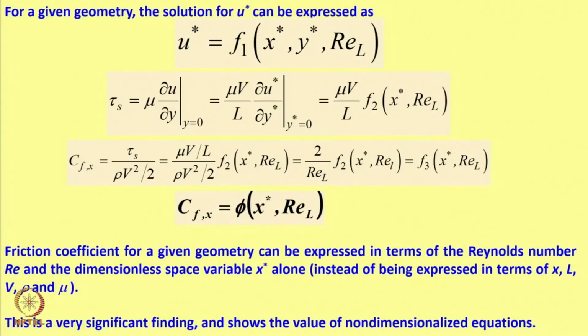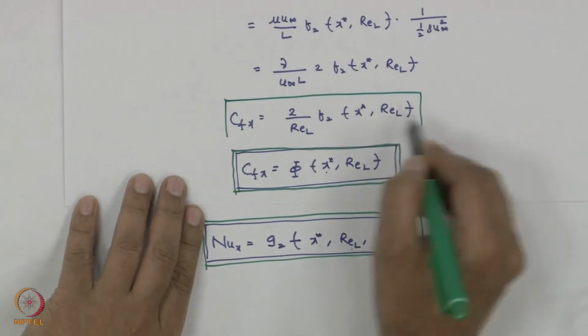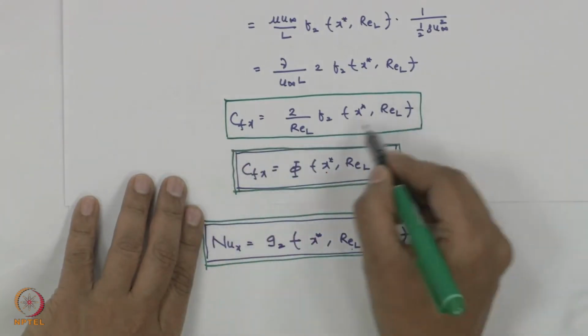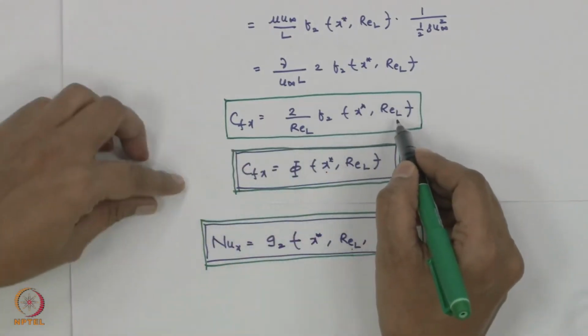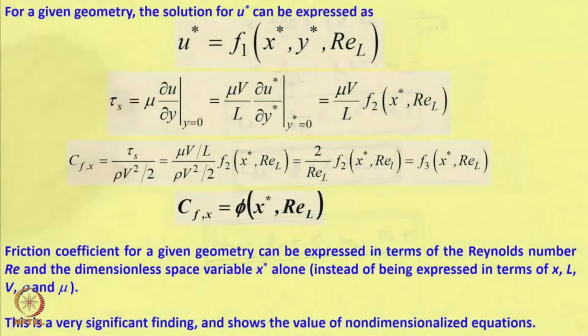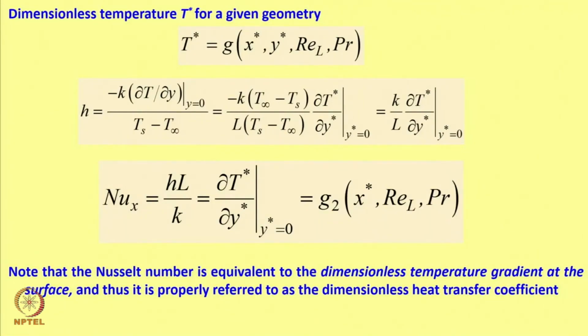Then we found that Cfx is equal to 2 by ReL f2 of x star, ReL. Next, we found that Nu x is equal to g2 of x star, ReL, Pr.